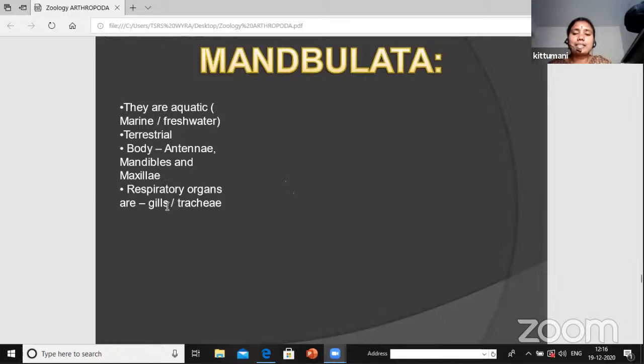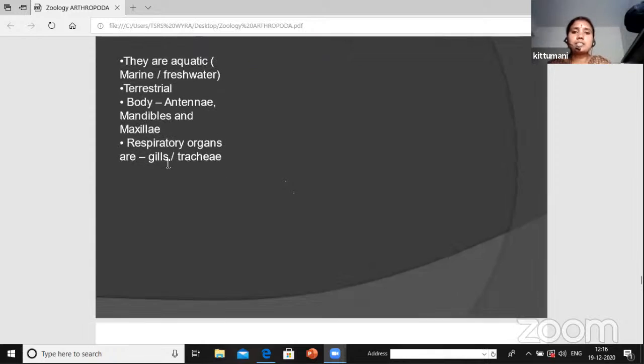Respiratory organs are gills or trachea. Why? Because they are related to two habitats, aquatic and terrestrial. So gills and trachea are the respiratory organs of the subphylum Mandibulata. Mandibles and maxillae are the important words related to this subphylum.